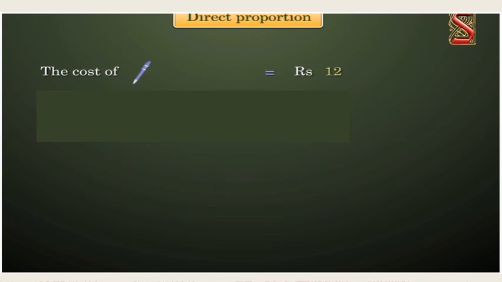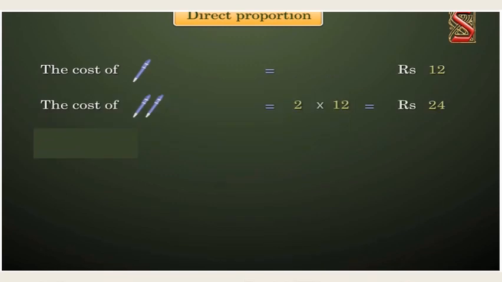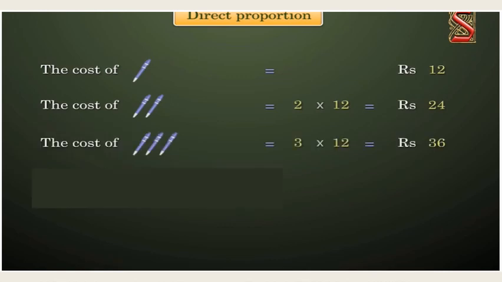If the cost of a pen is rupees 12, the cost of 2 pens will be equivalent to 2 into 12, and that will be 24.